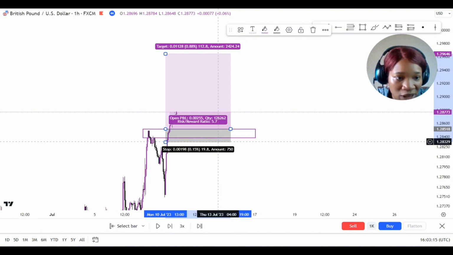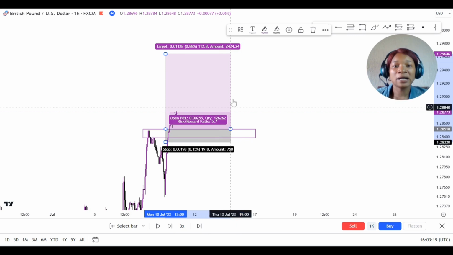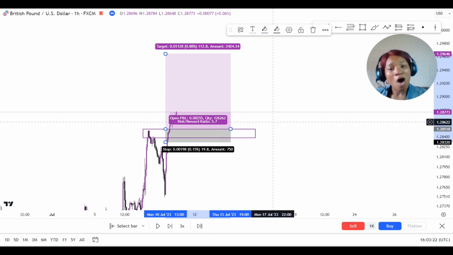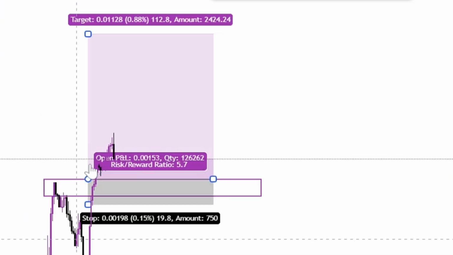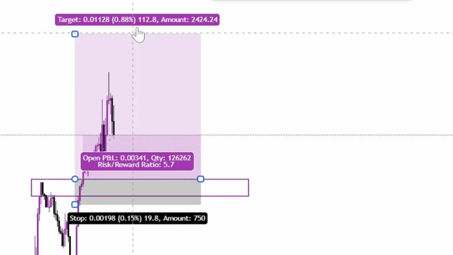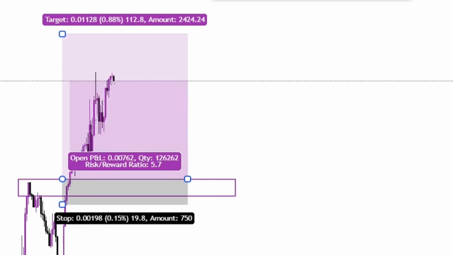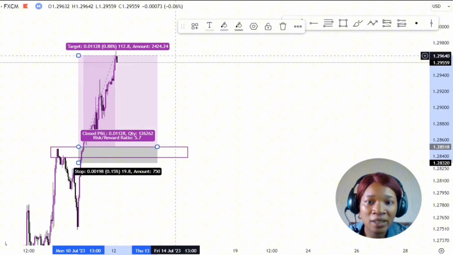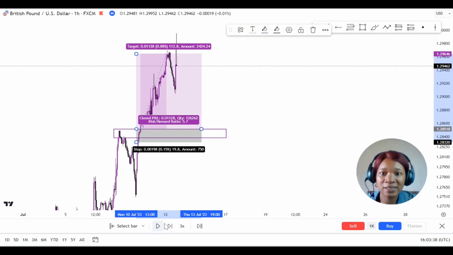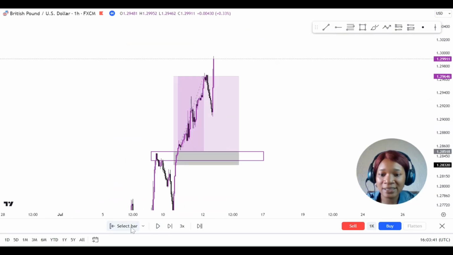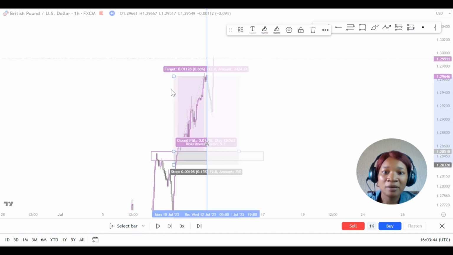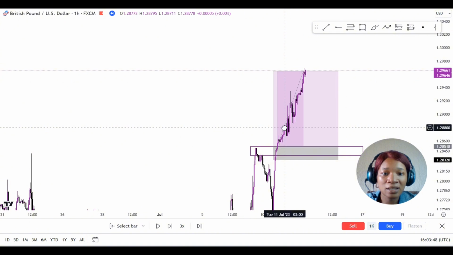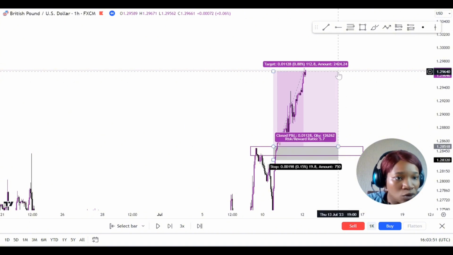So if price reaches maybe 1.2832, take me out of this trade because that's where my stop loss is. Also take me out of this trade if price goes in my favor and reaches this number. Let me pause that, it's beginning to be too fast. The first place where price hits, the end of my long position tool, is at 1.2964.